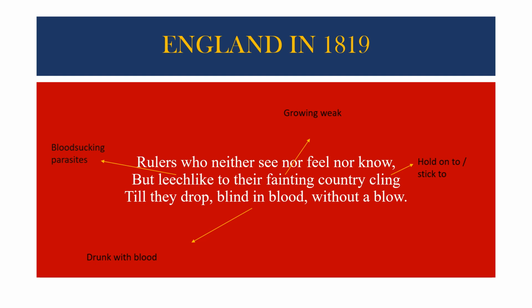If we look at it from that point of view, and interestingly, in this poem, Shelley presents to us that all institutions of the land are not doing what they are expected to do.